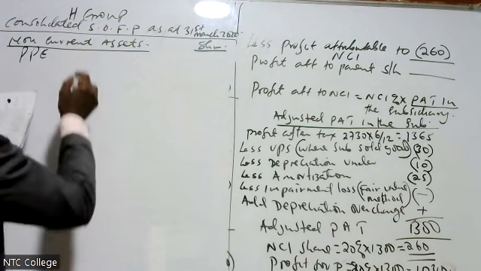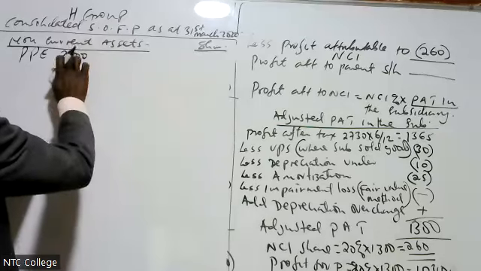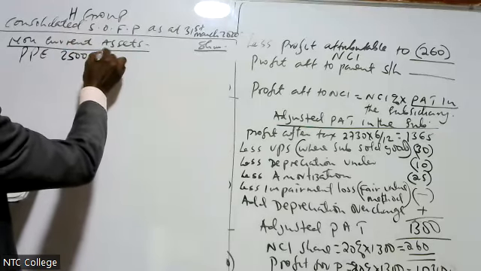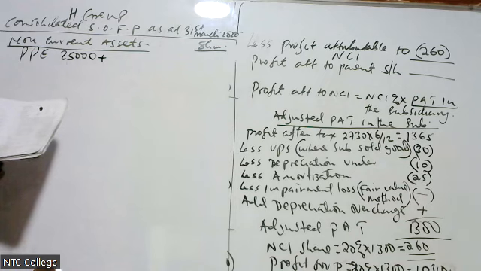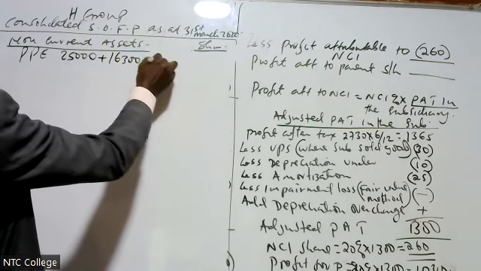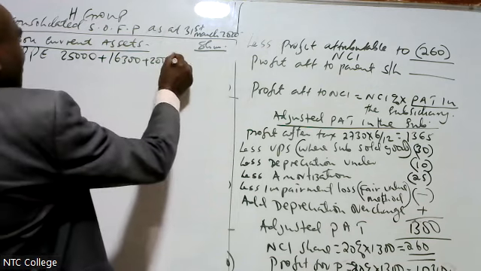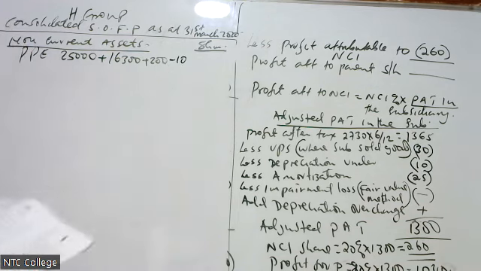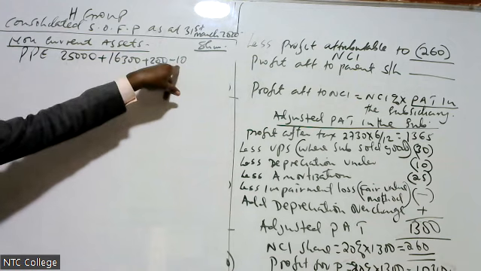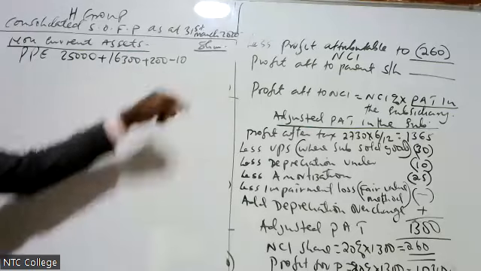I will take the PPE of 25,000 plus 16,300 plus 200 revaluation. Revaluation, that is 200 minus 10 depreciation. Fair value adjustment of 200 minus depreciation of 10. We add fair value adjustment on PPE 10.